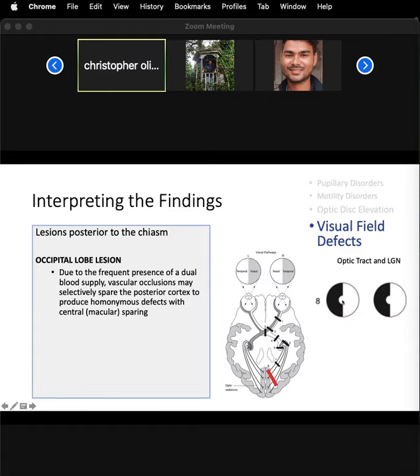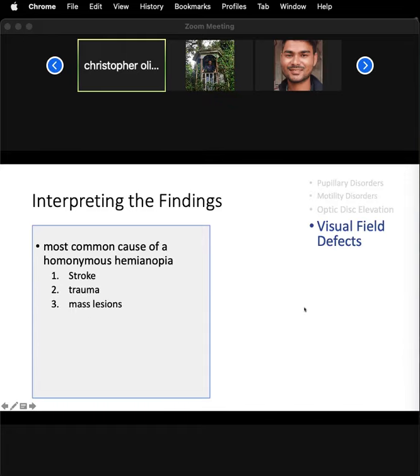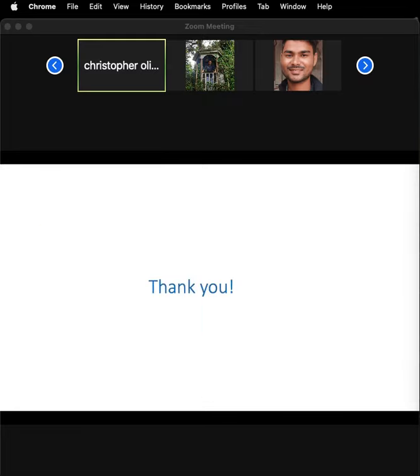So it can still function. Another thing pala is the more posterior to the chiasm yung lesion, the more congruous, parang the more identical yun. So closer to the chiasm, same side pero less congruous. Okay? So the most common causes of homonymous hemianopia are stroke, trauma, and mass lesions. Okay, that's it.